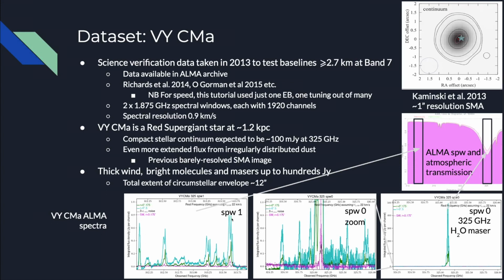Spectral window 1 also has detection of thermal lines, and these molecular lines are coming from all the material that BY CMa, a red supergiant, is gradually losing, and this material gets cold, forms dust molecules that will form the stellar wind, and that is what we are detecting here. However, today in the tutorial we are going to work only with continuum. We are going to do the continuum self-calibration.